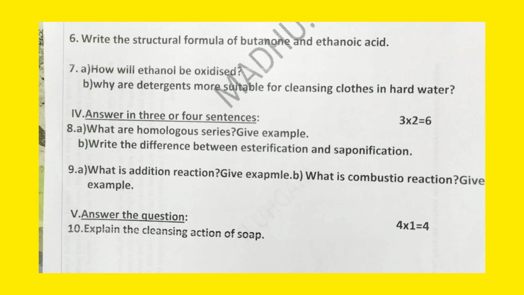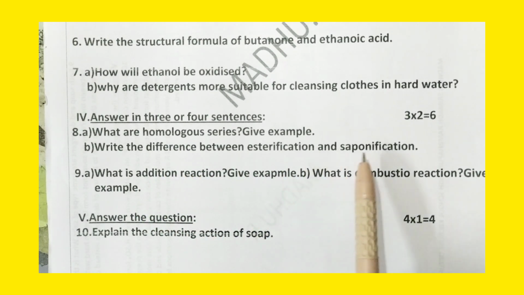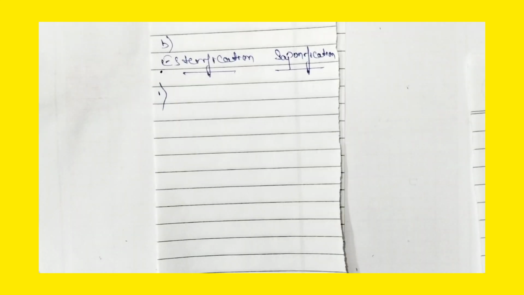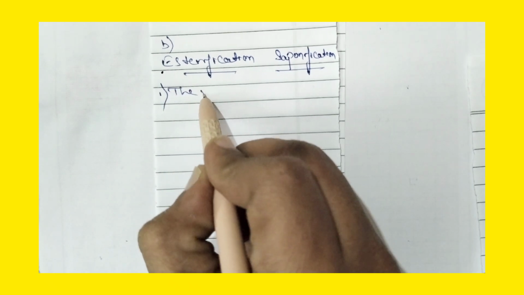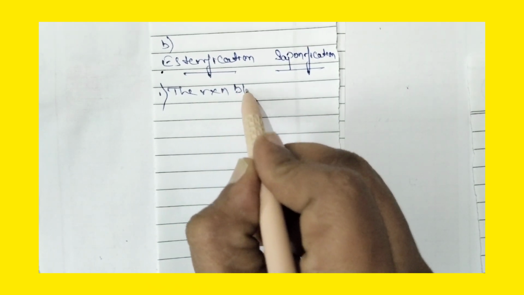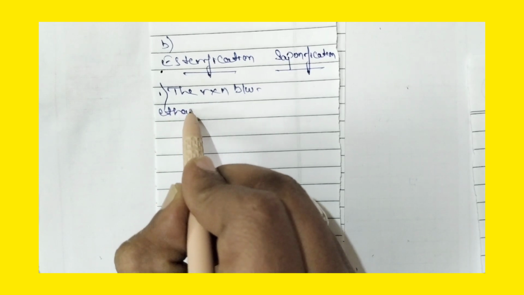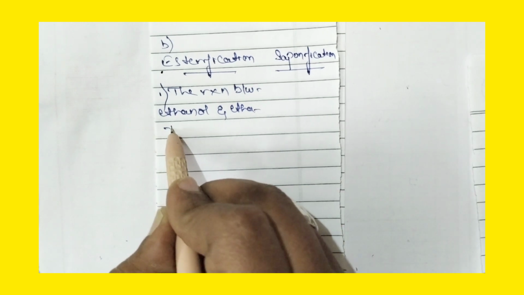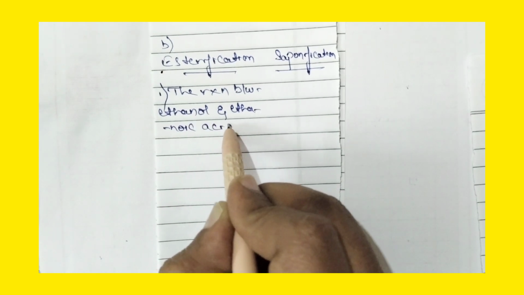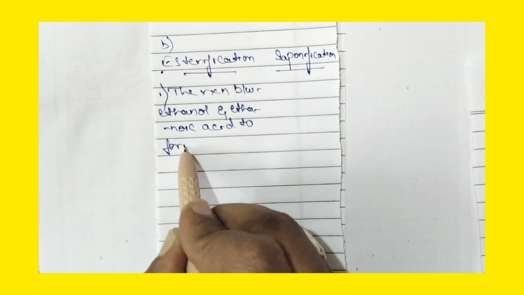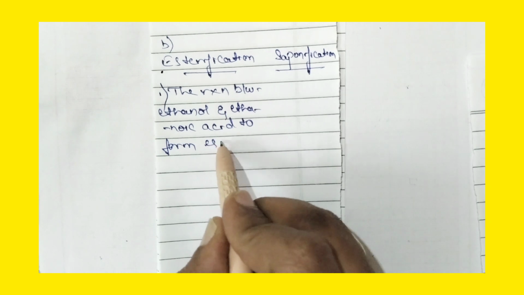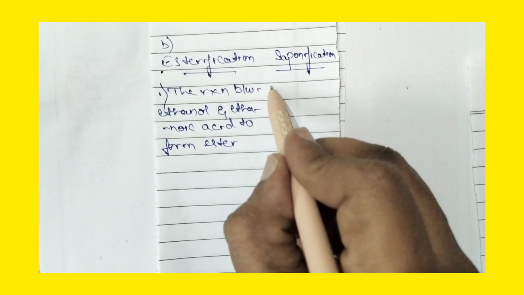Now let us differentiate between esterification and saponification. So let us write the difference between esterification and saponification. Esterification, the reaction between ethanol and ethanoic acid to form ester is called esterification.